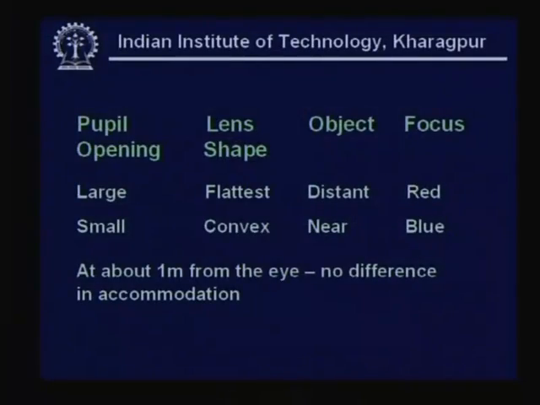Now, it is observed through research that there is a distance of about 1 meter from the eye when there is no difference whether the light is high or dim, and you are able to focus on all colors equally. Okay. So, that is the very crucial distance.